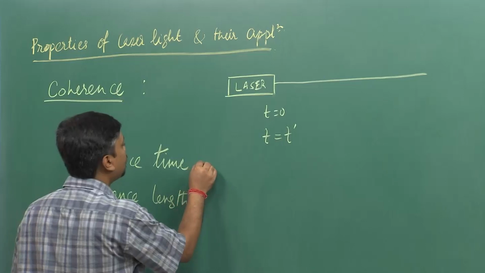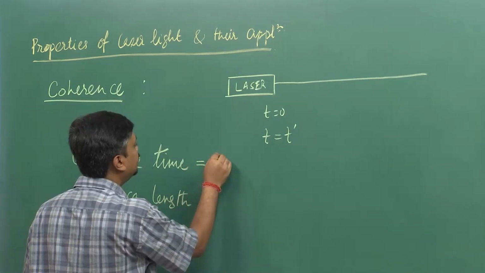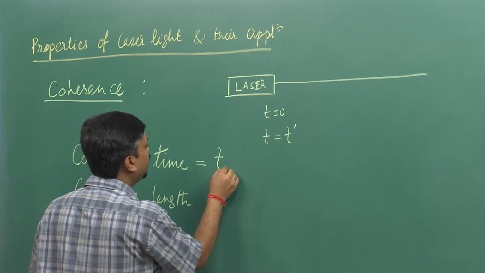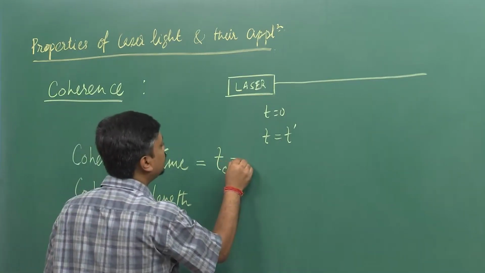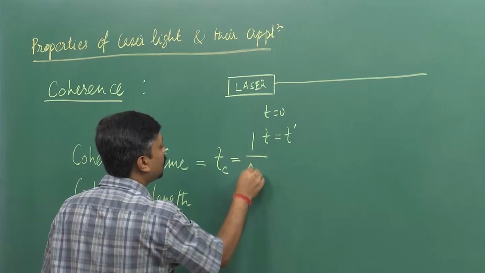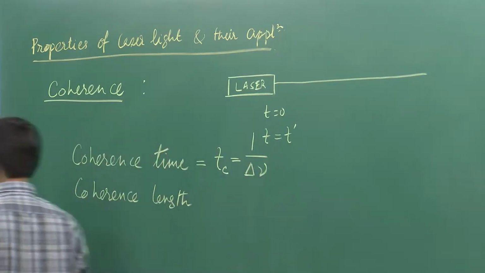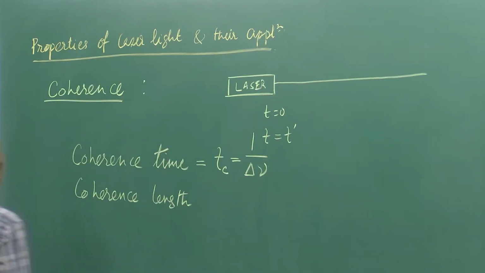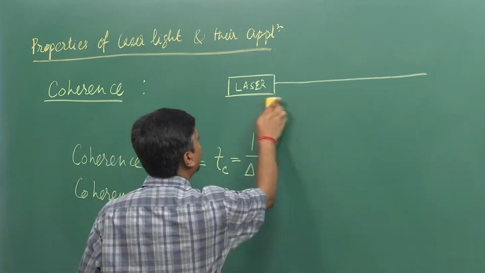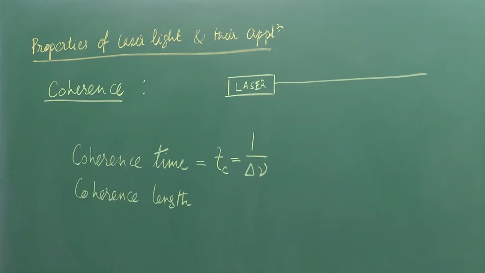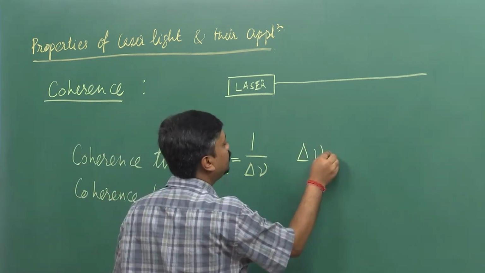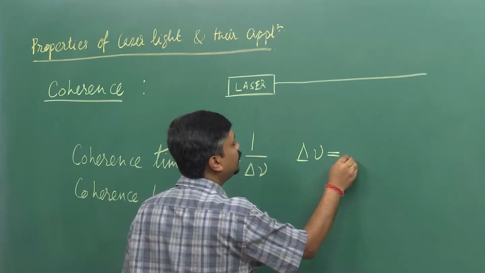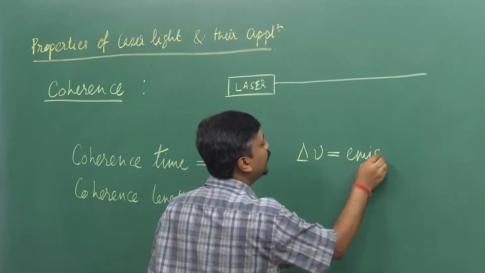So coherence time, this is given by this term Tc, where this delta nu is my emission line width.